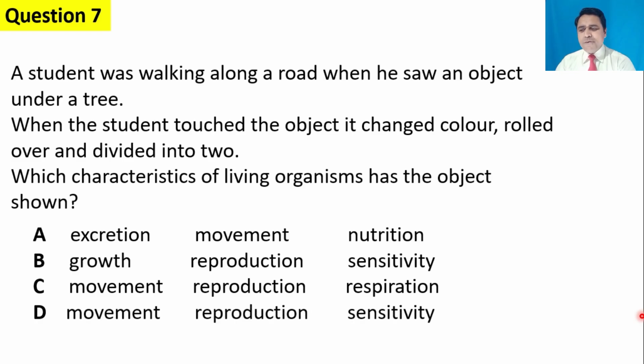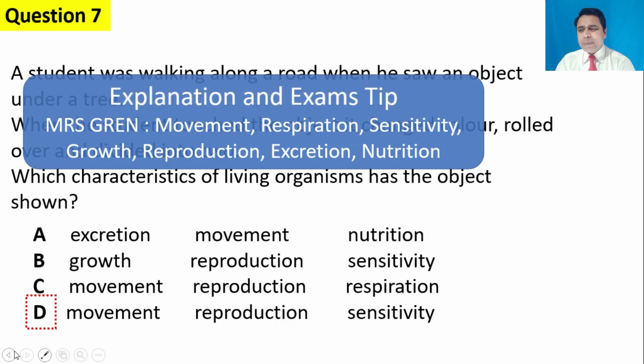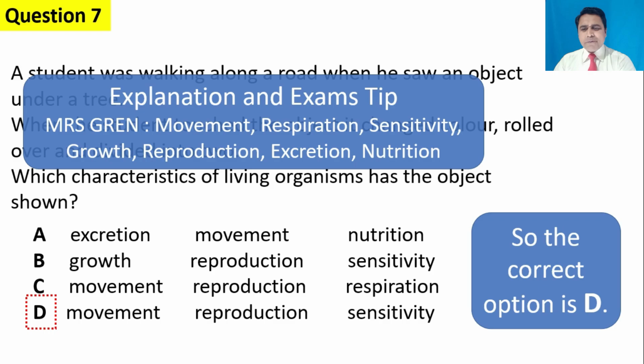Option D, movement, reproduction, sensitivity. It changed color. This shows sensitivity. Rolled over. This shows movement. Divided into two. This shows reproduction. So the option is D. Explanation: Mrs Gren. Movement, respiration, sensitivity, growth, reproduction, excretion, nutrition. So the correct option is D.